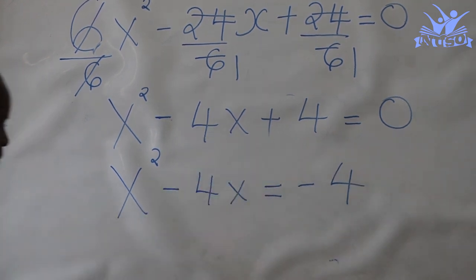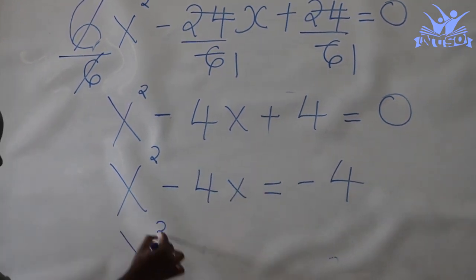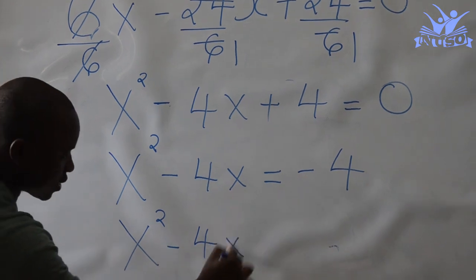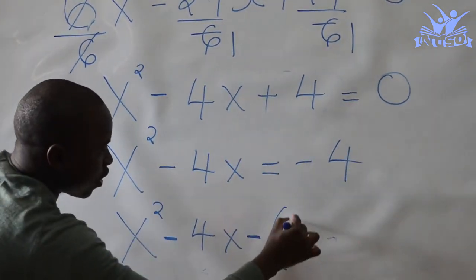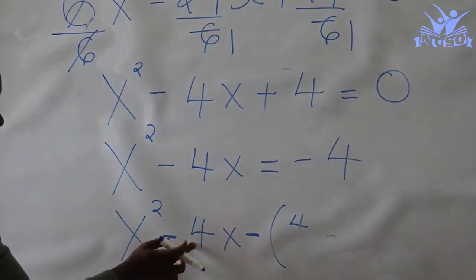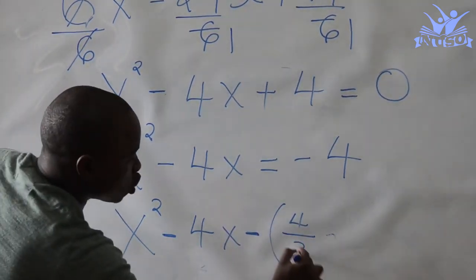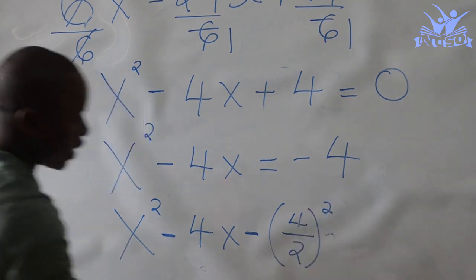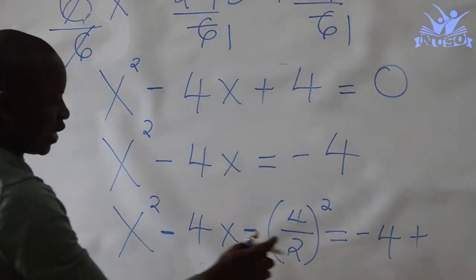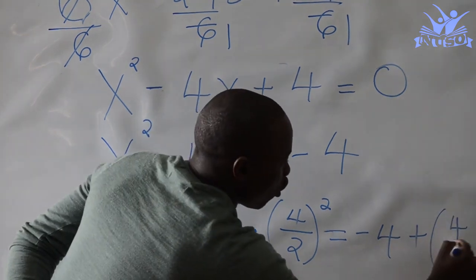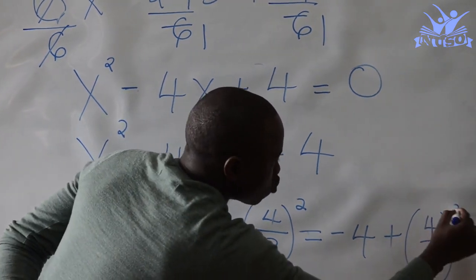So you complete it by writing x squared minus 4x plus 4 over 2, then you square, is equal to negative 4, plus the same thing, 4 over 2, then you square.